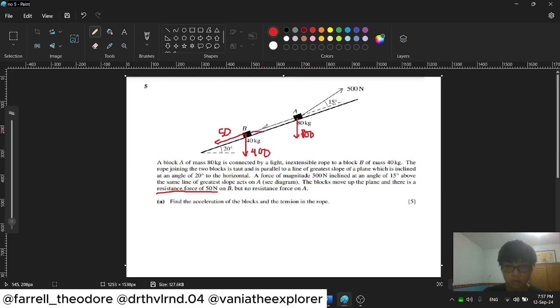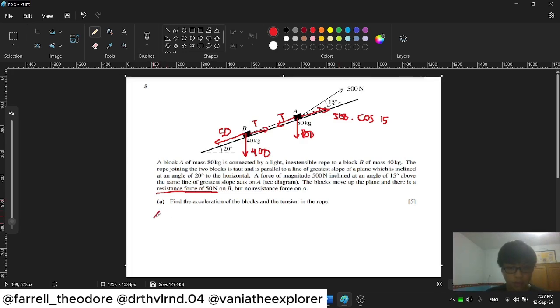There's also tension in between these, which is unknown for now. Now for the force upwards on A, that is 500 times cos 15. Now since the blocks are moving up the plane, the forces that are positive will be the ones moving up, which is for A, 500 cos 15, and for B, the tension.